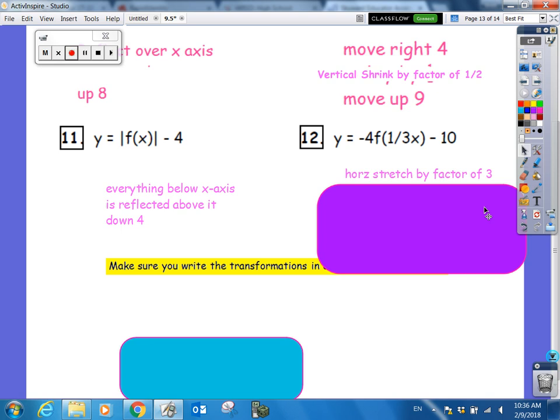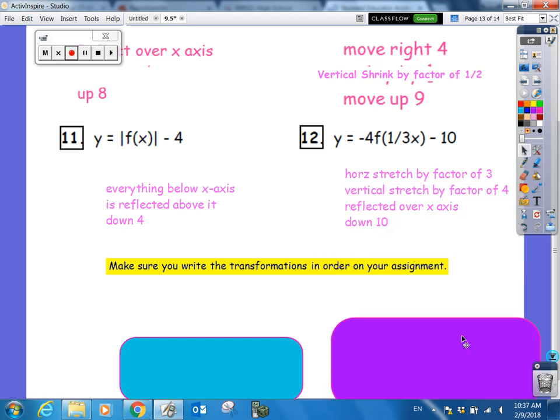Or if you just told me a vertical stretch by a factor of -4, that contains those two together. And then down 10.